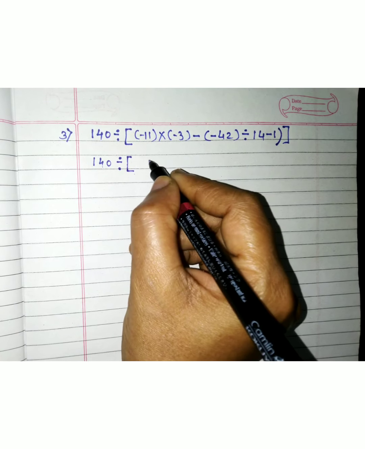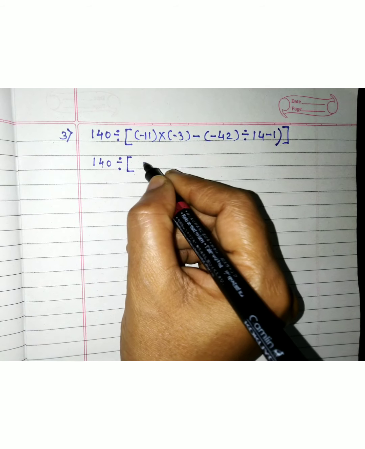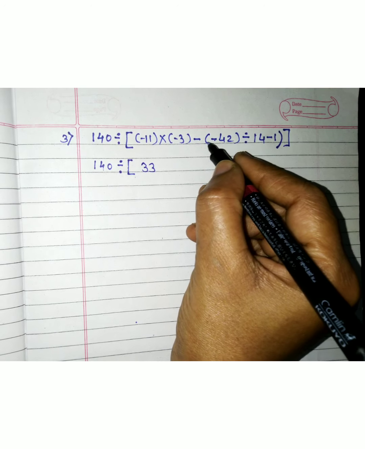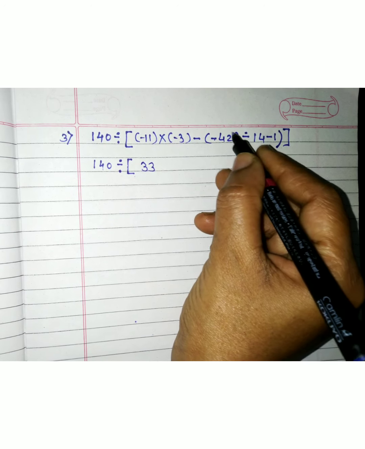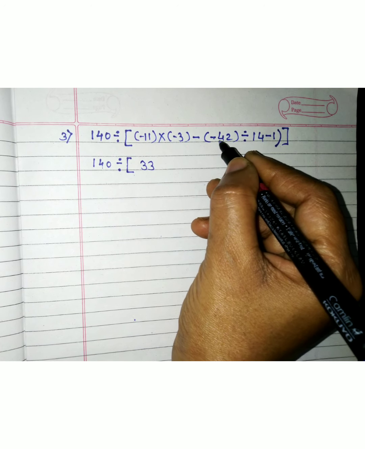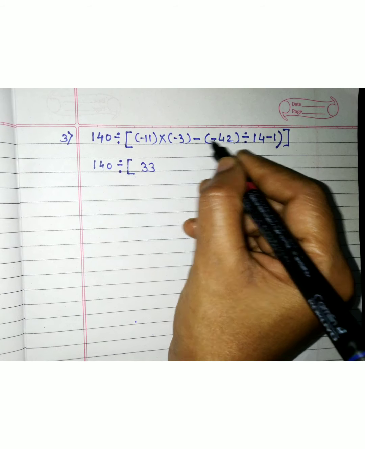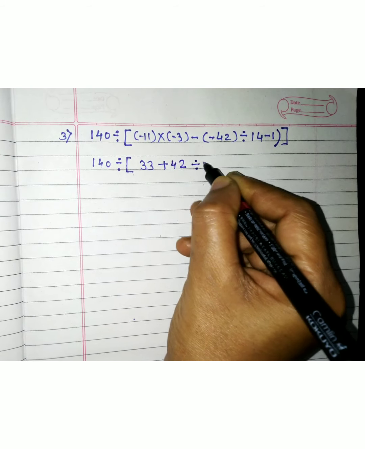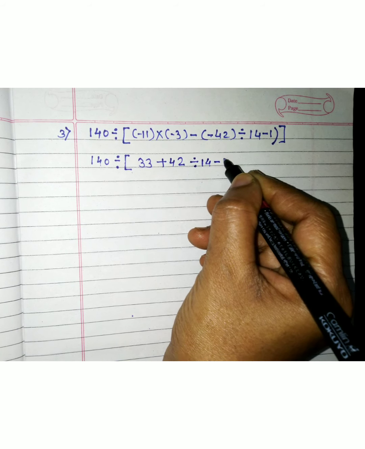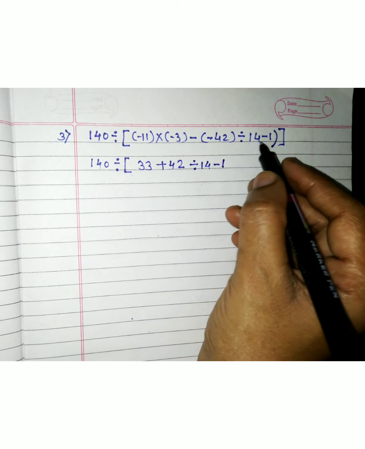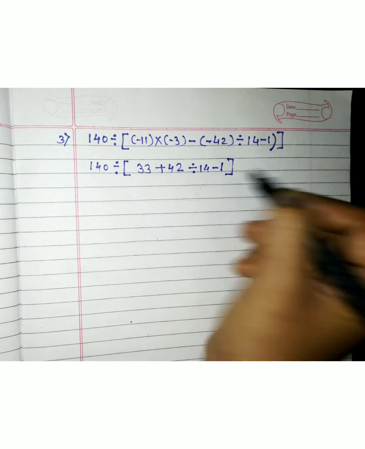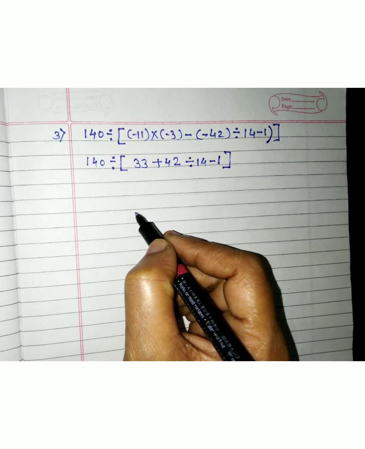Minus multiply minus is plus. 11 3s are 33. Minus minus: if the negative sign is in front of the bracket, and in the bracket there is a negative number, then minus minus is plus. 42 divided by 14 minus 1, square bracket complete.